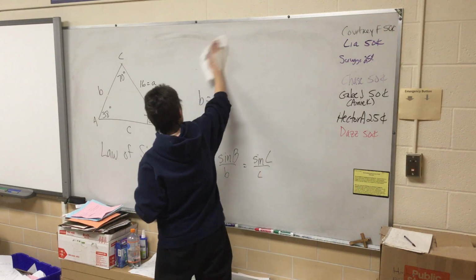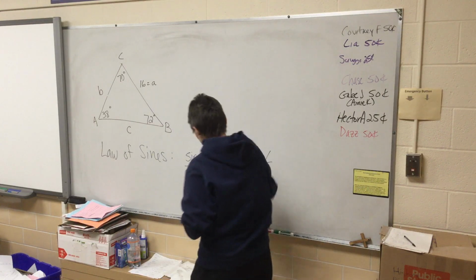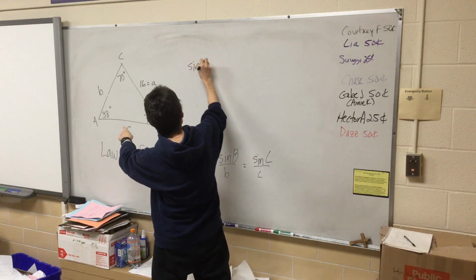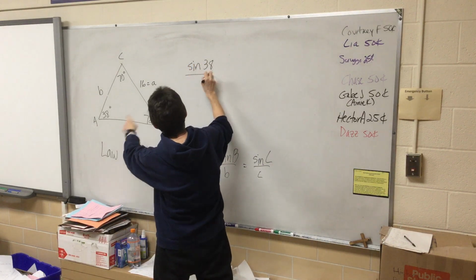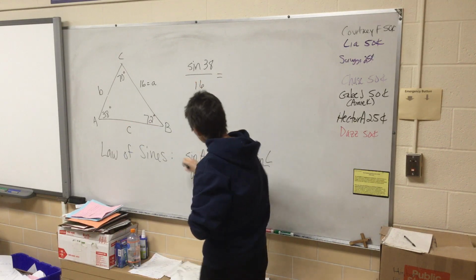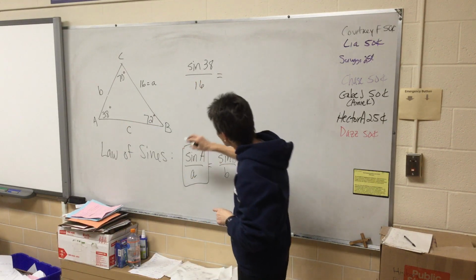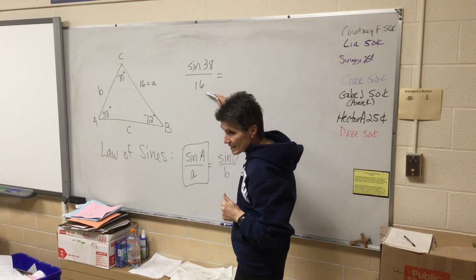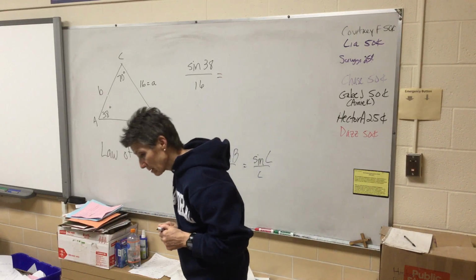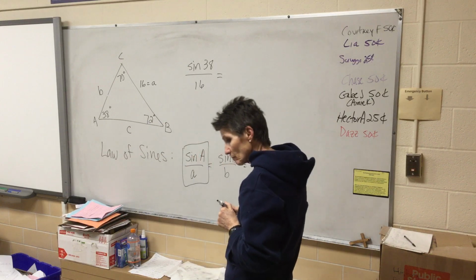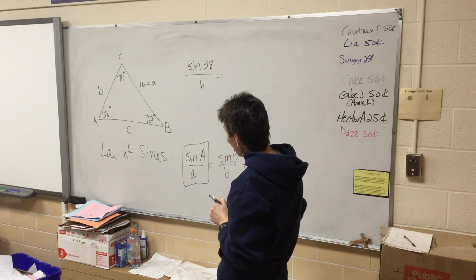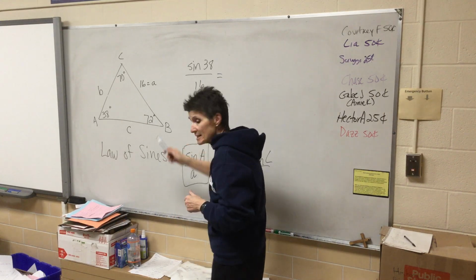I'm going to go ahead and erase this because I don't need to have this written up here. So I'm going to start by saying sine 38 over 16. That's this fraction right here. The sine of angle A over 16. Now, I'm just going to go with B. It doesn't matter.